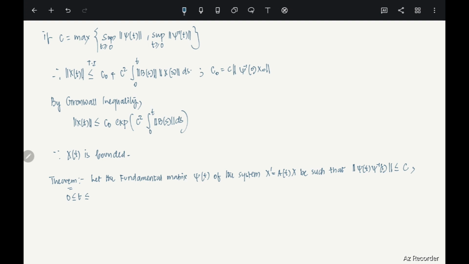So here I have to change it to: this holds for 0 less than or equal to s less than or equal to t less than infinity, where c is a positive constant.